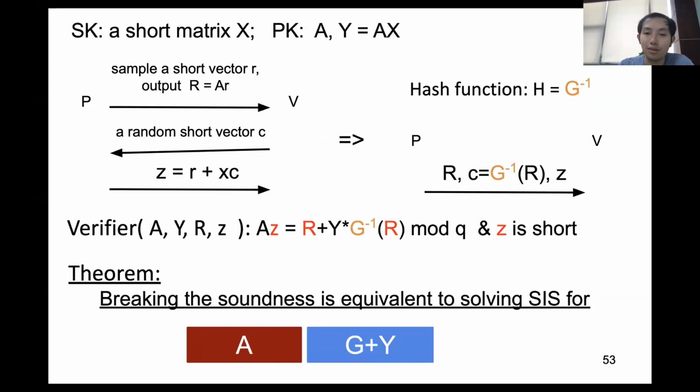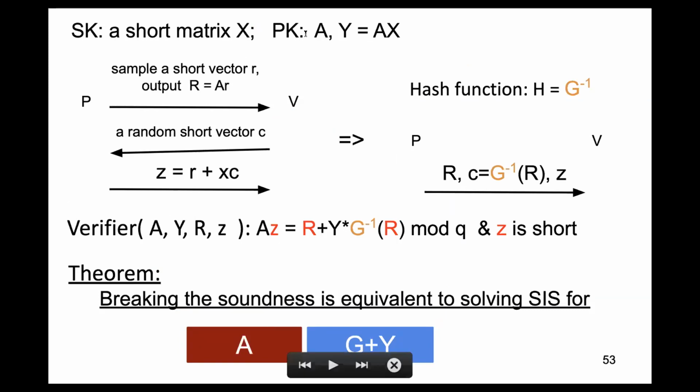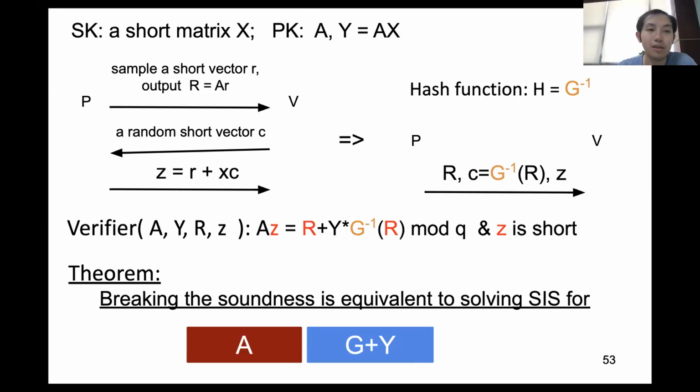Okay, so can I ask a question here, Yilei? Yeah, please. Don't we need here the fact that Y is honestly generated? Right, here we need the fact that Y is honestly generated.